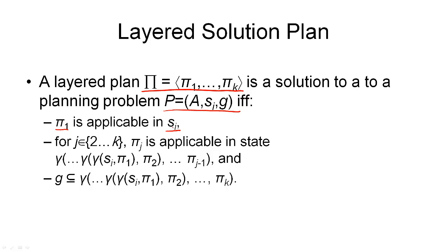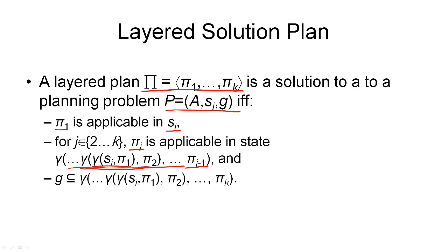Then, for every subsequent set pi j, so j must be greater than 1, this must be applicable in the state that we get from first applying pi 1 in the initial state, then applying pi 2 in the state that results from this, and then applying the next set of actions, and so on, up to pi j minus 1, applied in the state that we get when we apply these other sets before that. And in this state, pi j must be applicable.